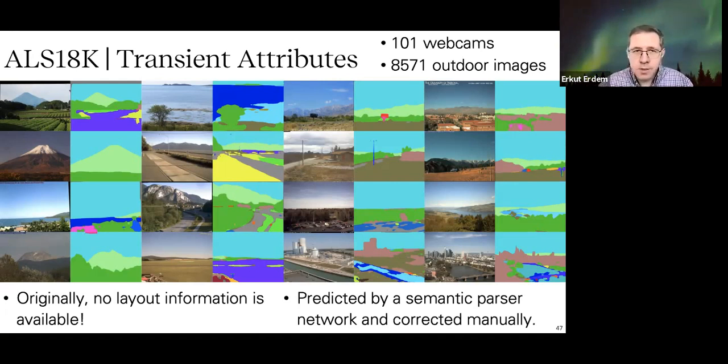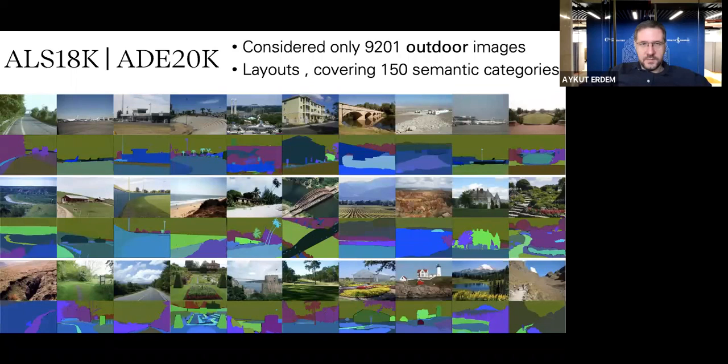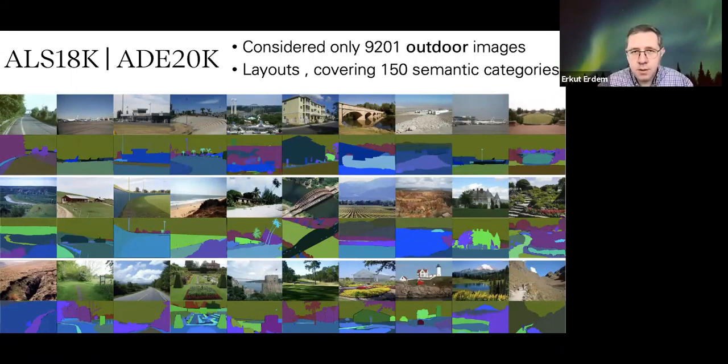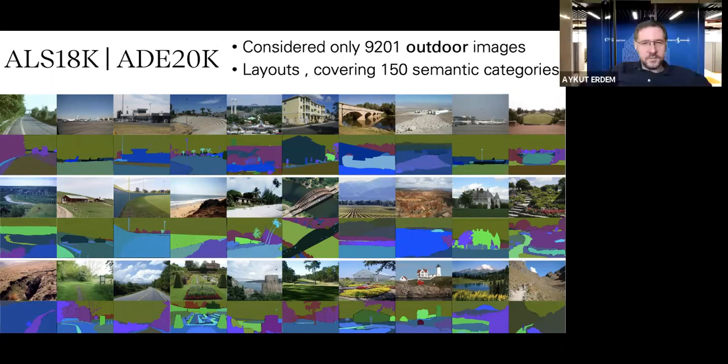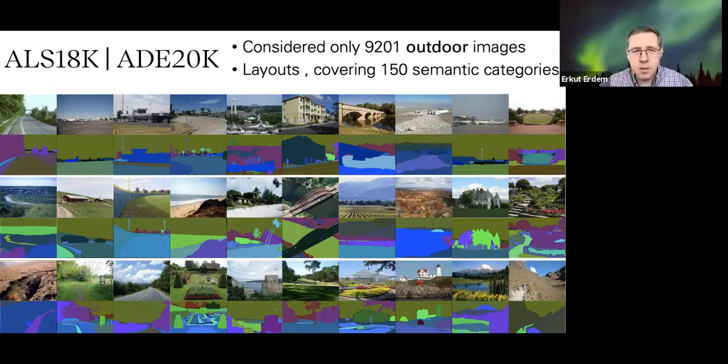The second dataset that we considered is called ADE20K, and in fact, we only used around 9,000 outdoor images within this dataset. It is proposed for semantic and instance segmentation. So it consists of 150 different semantic categories in their semantic layouts.